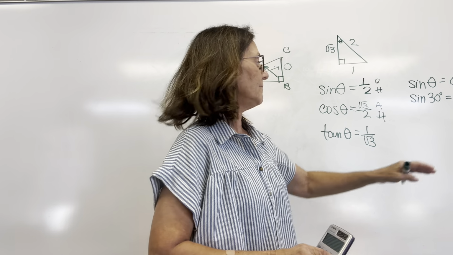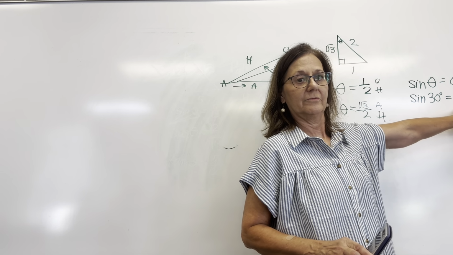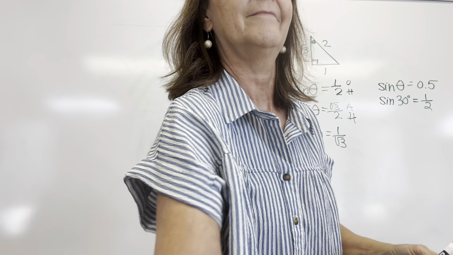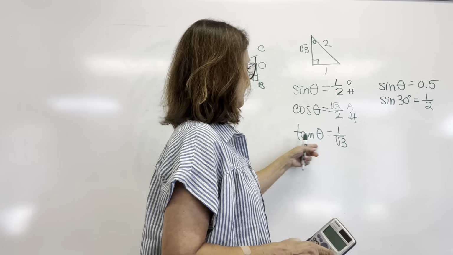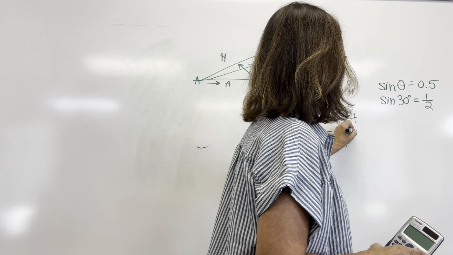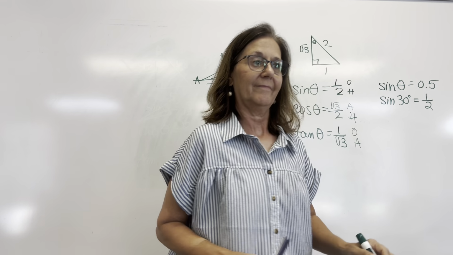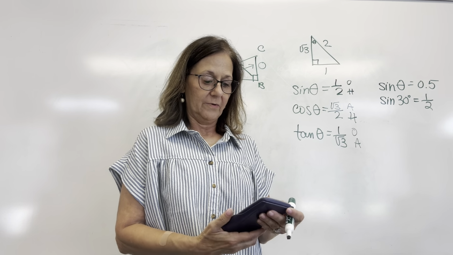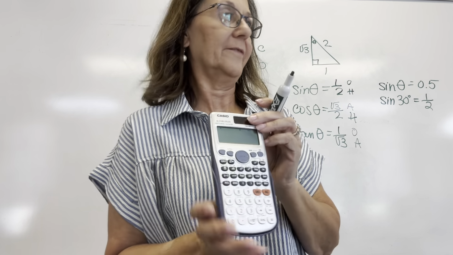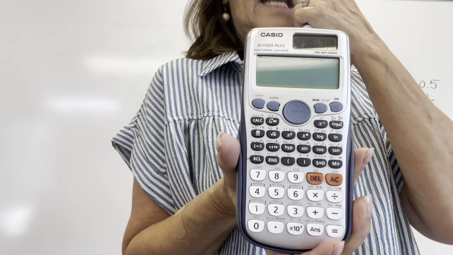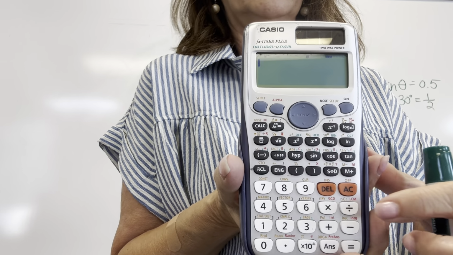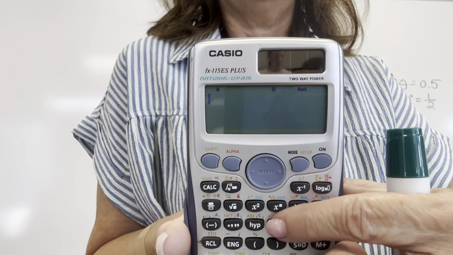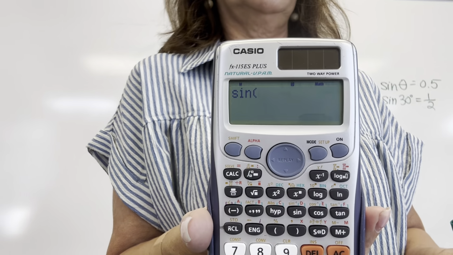All right, but let's say we didn't know the ratio. For tangent, what is it, opposite over? All right, so do you see the sin key on your calculator? Does everybody see this SIN key? I want you to hit the sine key, and it's going to give you parentheses.